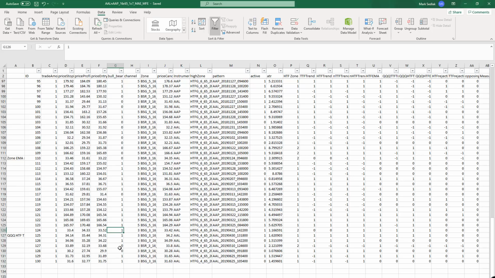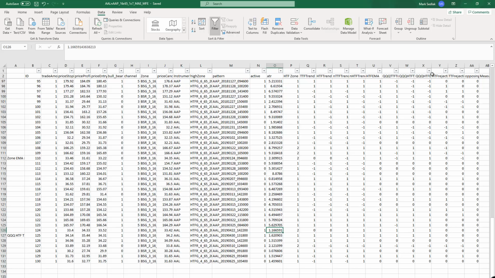Bullish is 1, bearish is 0. It's giving me the date and the time of the zone so that I can go take a look and just verify that it's accurate. It's giving me the ATR, so I know where my stops and targets are.